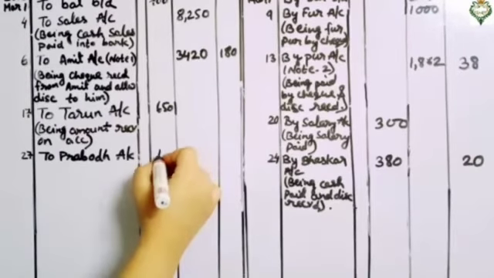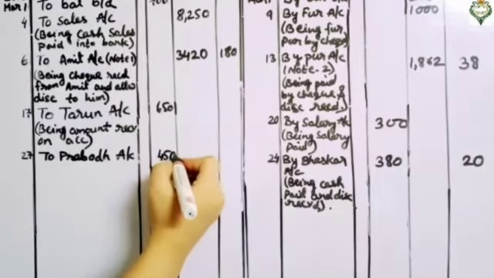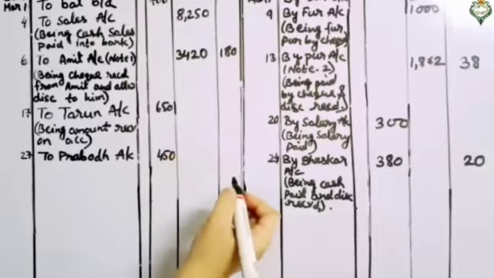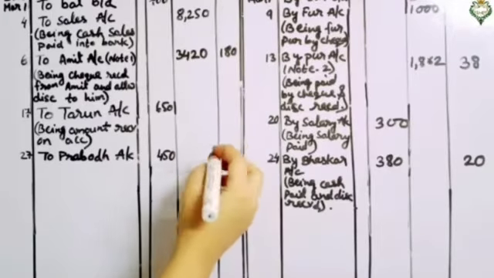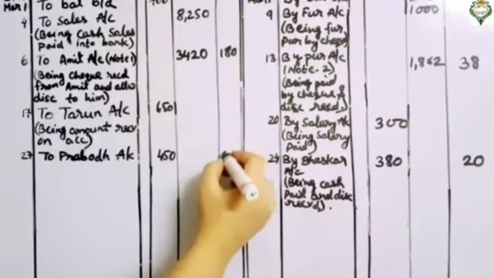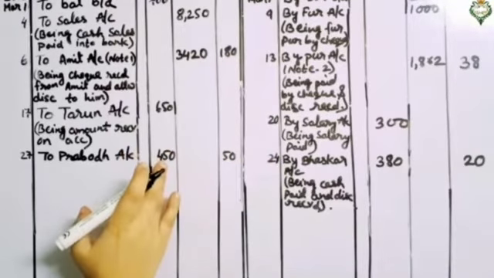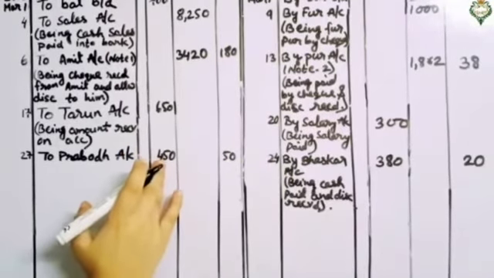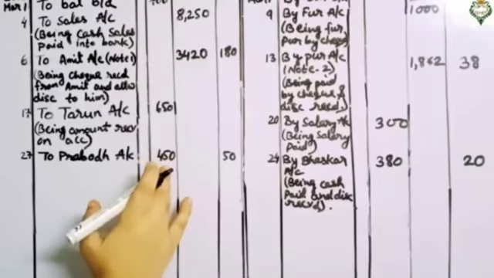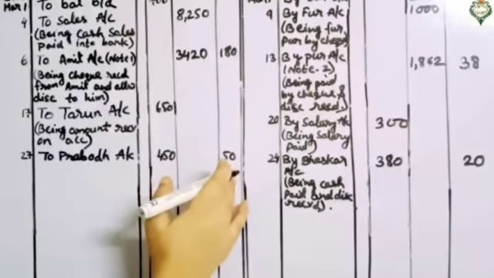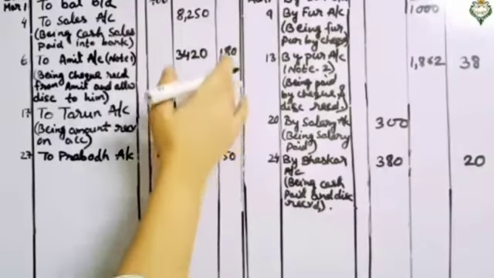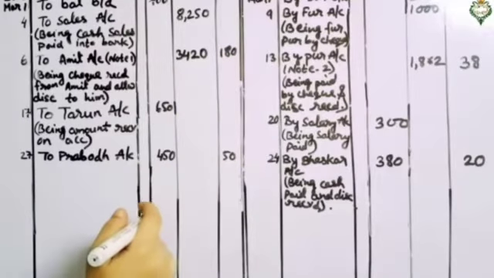So we have to record at the cash column 450, and then we have to record 50 rupees discount allowed, because we have not got 500, we have got 450. He has given us 450, so we have allowed the discount of rupees 50 that we have to record in the discount column. Got it?